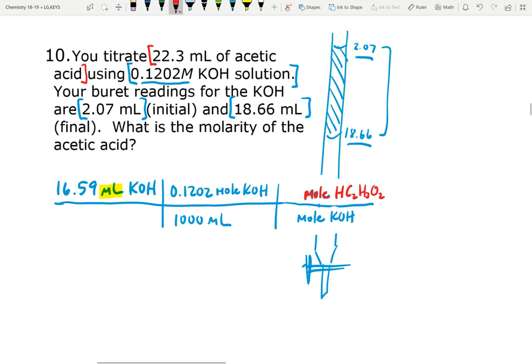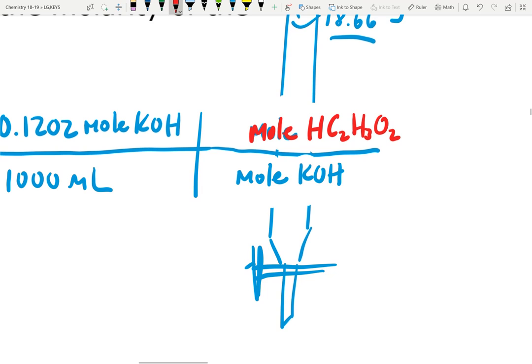Now, remember, as far as deciding on the ratio between these, we could look at a chemical equation, or we can just look at it here and say, this acid has one hydrogen. And remember, you look at the front of the formula to find the hydrogen that the acid can use. That's what makes an acid an acid. It has the ability to add hydrogen ions to solution in some way. And the base has one OH group on it.